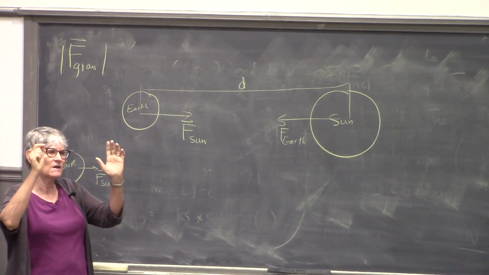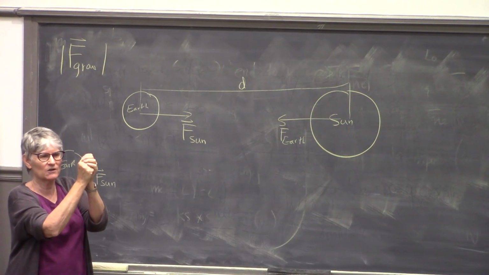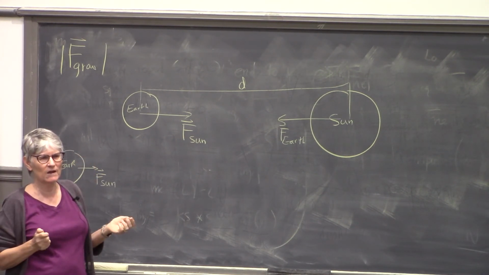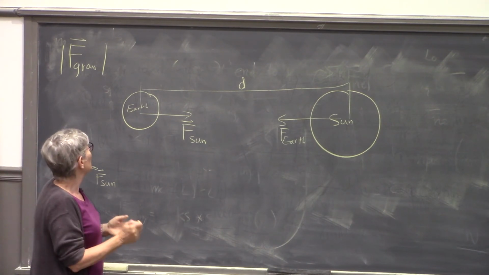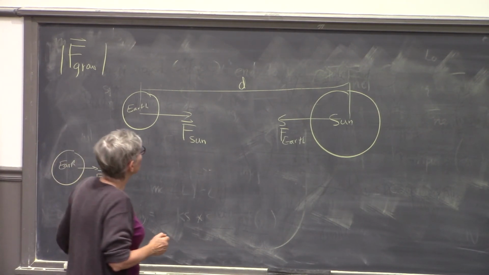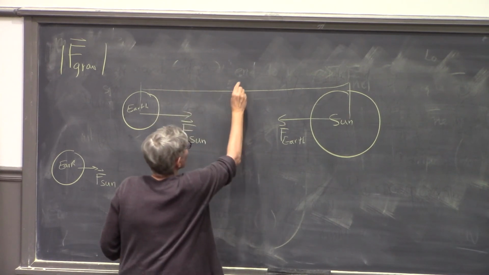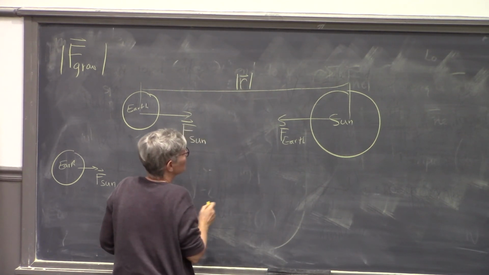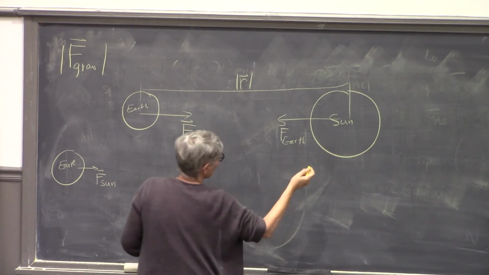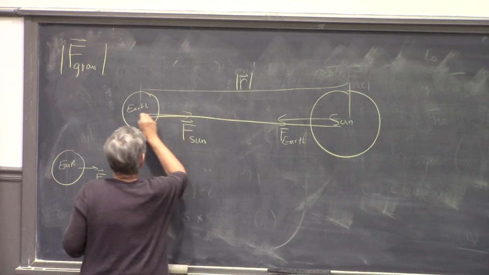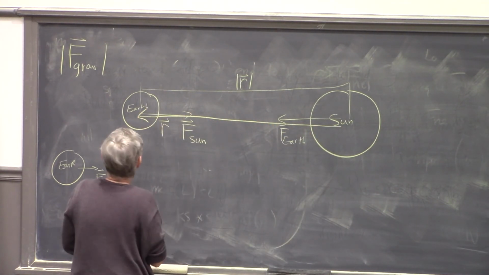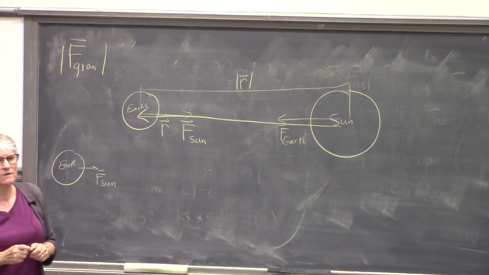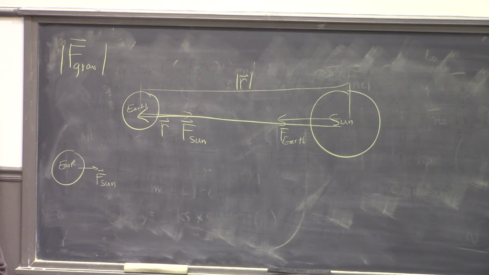So we can sort of imagine that Superman came along and squashed them both down to little teeny point particles at their centers. That's how they behave. And so we'll call this the magnitude of R. And since the R vector has to go one way or the other, we'll make R go that way. Is that going to show up in the denominator of the force or the numerator? Denominator, because force gets smaller as that gets bigger.